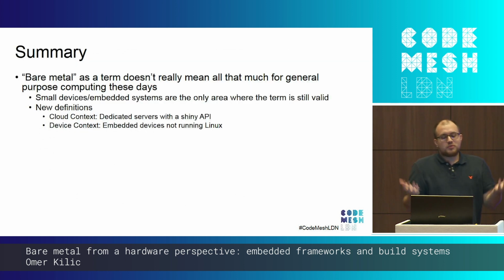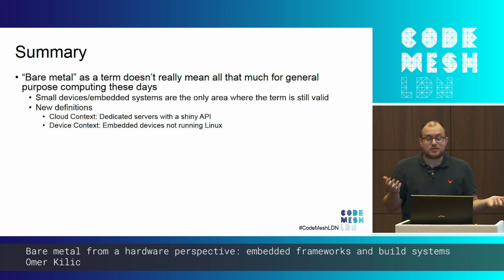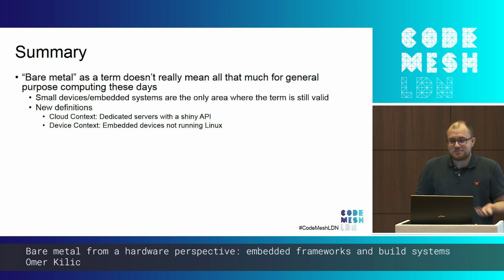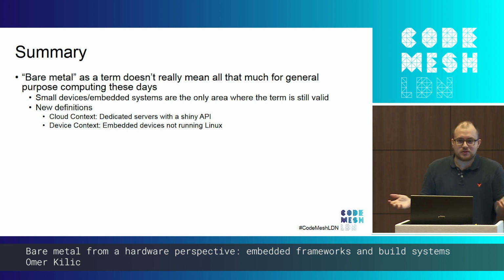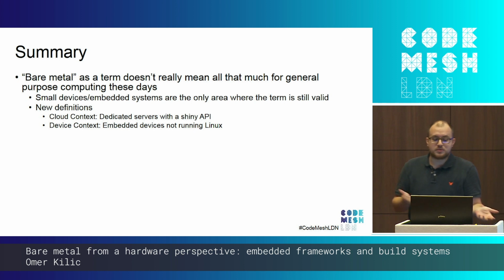So, okay, a summary of what we talked about. I'm just trying to make sure that we don't delay the other talks. Bare metal as a term doesn't really mean all that much for general purpose computing. And really getting stuck on terminology is, we have far more interesting things to do. But I propose that, just again, because this is a marketing versus engineering battle, in the cloud context, let's just think of bare metal as dedicated servers with a shiny API, so you don't have to interact with any humans to spin up servers.